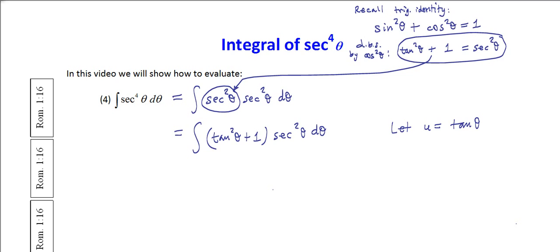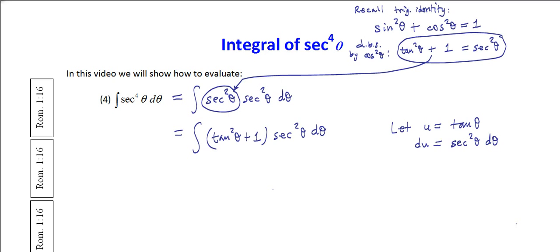If you don't know what I'm talking about, I urge you to look at either the first or the second video of this series of integrals of secant, where we illustrate how to differentiate this. So du with respect to theta is equal to secant squared theta d theta.